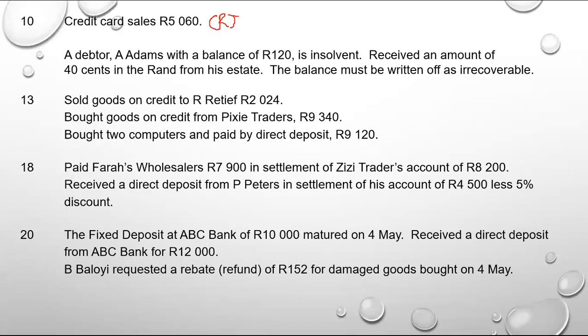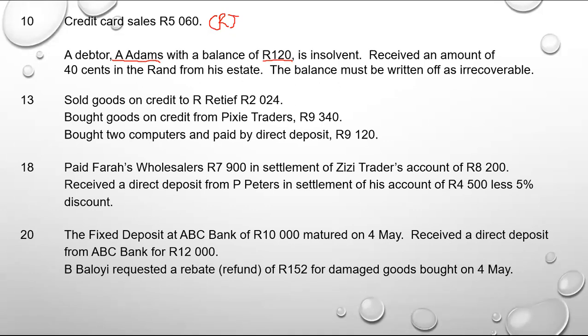It says that a debtor, which is A. Adams, okay? We've got a debtor here, and their name is A. Adams. A. Adams owes us 120 and is insolvent. I discussed this a lot. Probably most of you forgot about this.